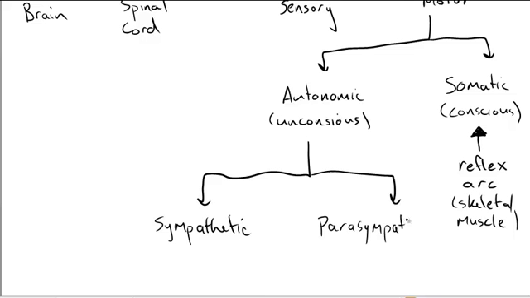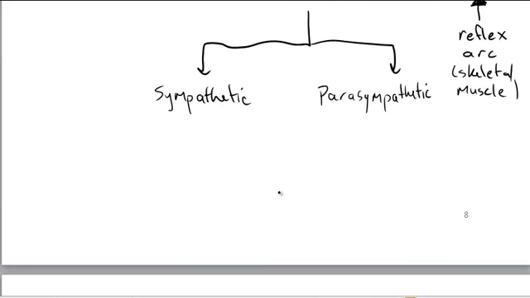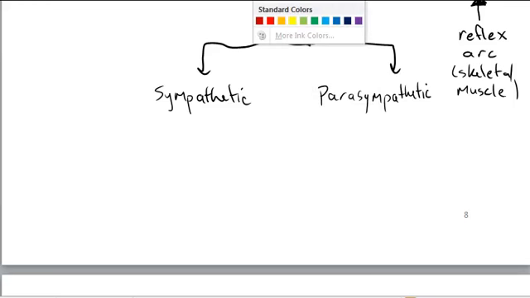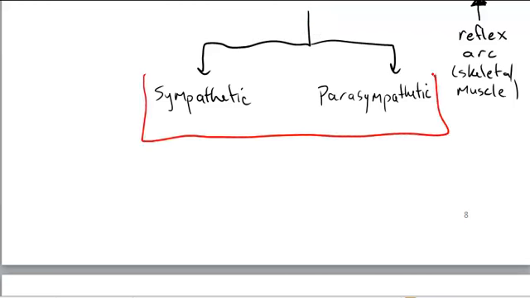And when I describe these to you on the next page, we're going to describe basically their functions, but there is actually structural differences between the neurons that control your sympathetic system and those that control your parasympathetic system. Okay, so this is what we're going to focus on the next page because it kind of fits in here. It doesn't neatly fit anywhere, but it's really interesting to learn about. So sympathetic versus parasympathetic.